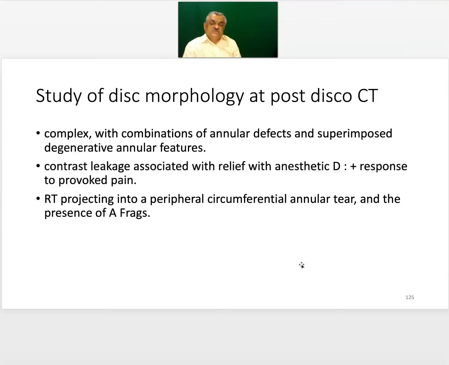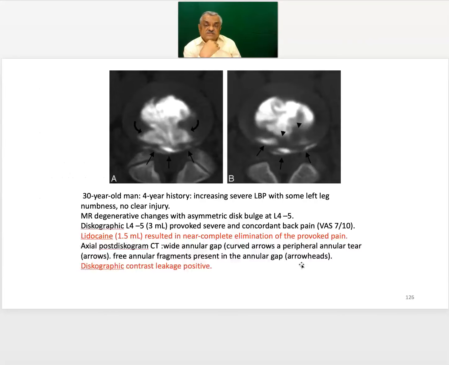And in some patients we have found that the provoked pain can be relieved if the posterior annulus is not intact. The anesthetic will leak out and will relieve the pain. Now, the annular tears and the radial tears which project into a peripheral circumferential tear and also annular fragments can be seen in these studies of post-discogram CTs.